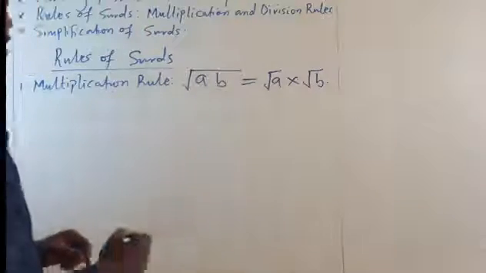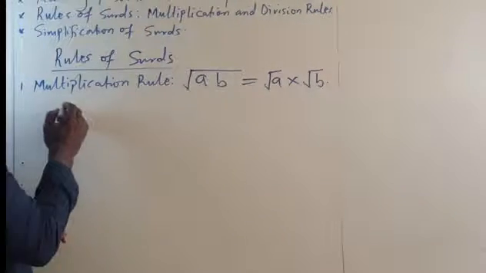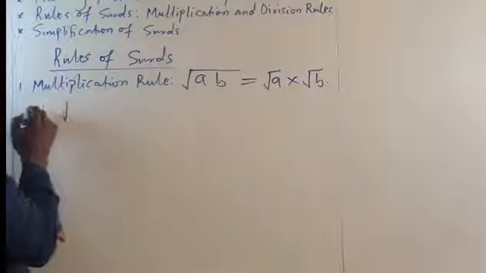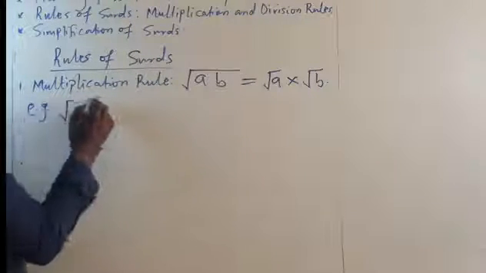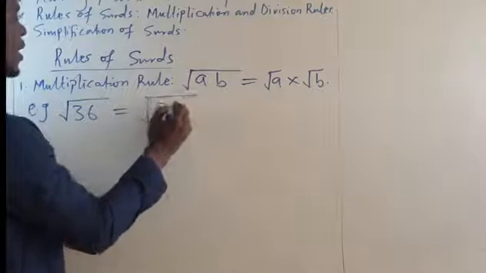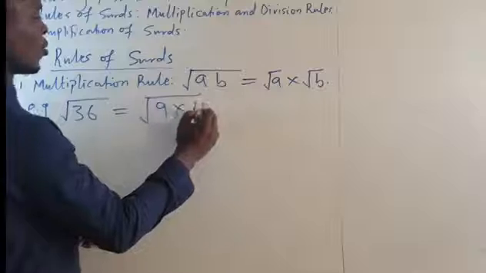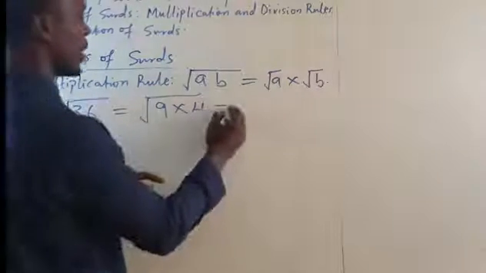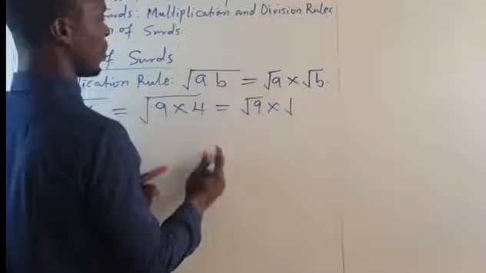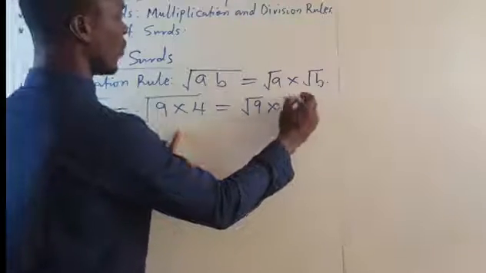Let's take for instance, the square root of 36 can be written as the square root of 9 multiplied by the square root of 4, which simply means we are going to separate the root, so the square root of 9 multiplied by the square root of 4.